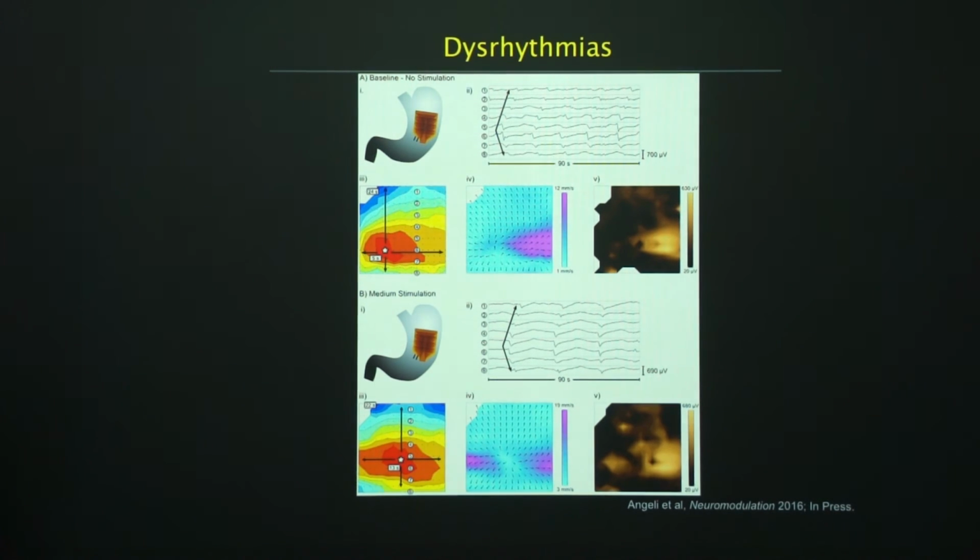And there was no change to the occurrence of dysrhythmias between when stimulation was off and when stimulation was on. So we see an example here of an ectopic pacemaker dysrhythmia located on the mid-region of the stomach, near the center line or lesser curvature, and that persisted from baseline into and through stimulation.